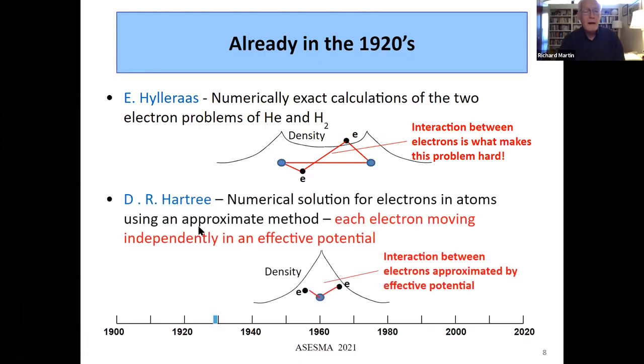At the same time, there were methods developed, particularly by Hartree first, and then Hartree and Fock, for numerical solutions for electrons in atoms that could be much more than 2 electrons. But the simplification was that each electron is moving independently in an effective potential. So you've given up having a direct interaction between electrons and replaced it. And of course, the idea is, how good is that?